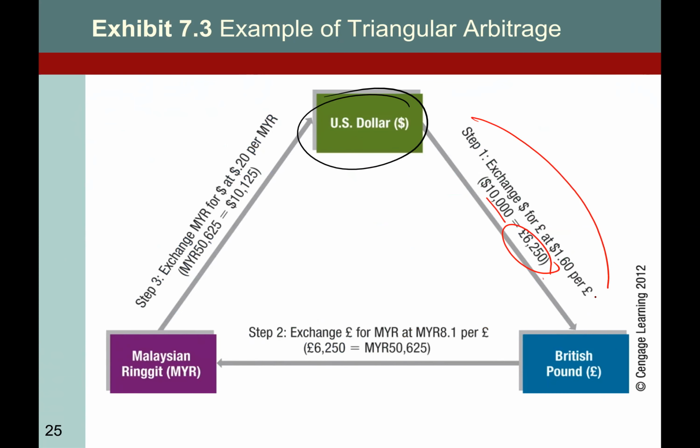Then you convert your pounds into Malaysian ringgit. 1 pound is equal to 8.1 Malaysian ringgit, so you will get 50,625 Malaysian ringgit. The last step is you convert your Malaysian ringgit back to US dollars, and the rate given is $0.2. Any question?